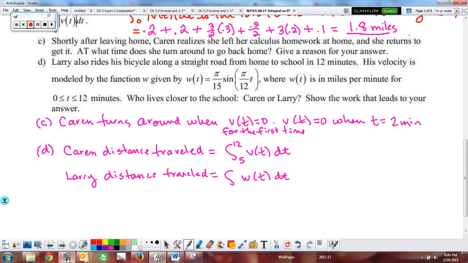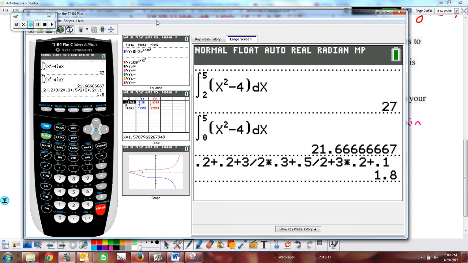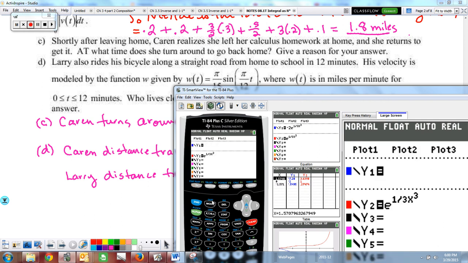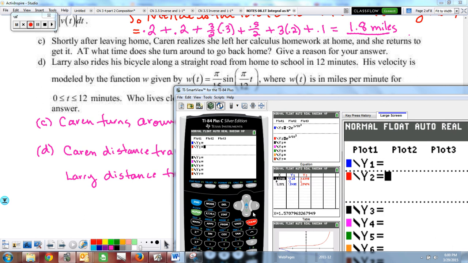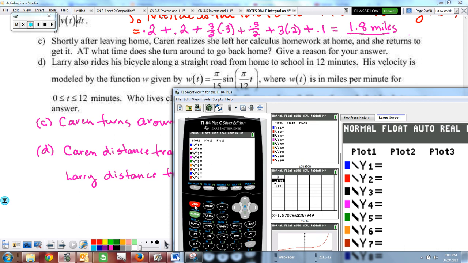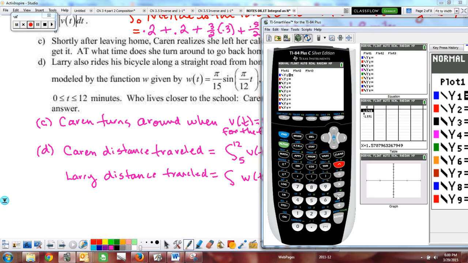So take a moment and let's graph this on your calculator. I need y equals, let's clear out the ones that I had previously. All right, so we have pi over 15, divided by 15, and then our sine of pi divided by 12, and t, and close our parentheses.